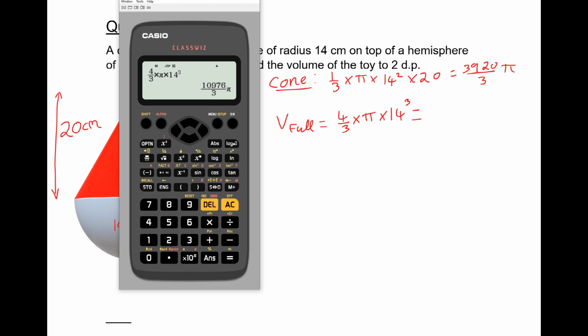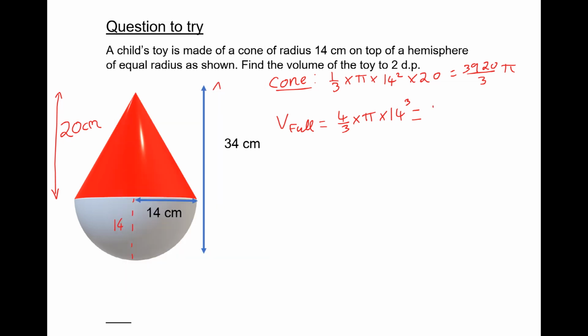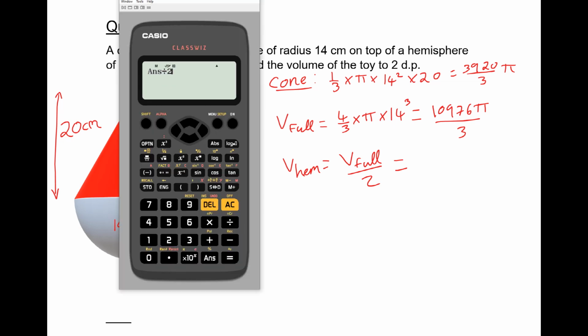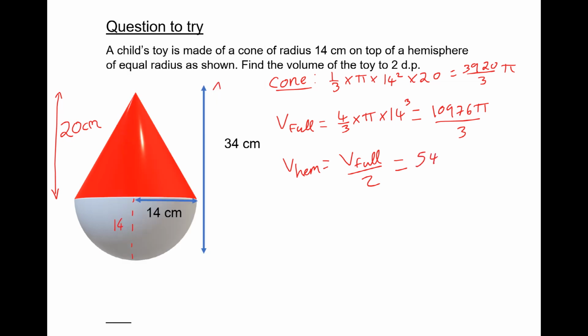Right, that is 10976 pi over 3. And then to work out the volume of the hemisphere, it's just going to be half of this, which is 5488 pi over 3.